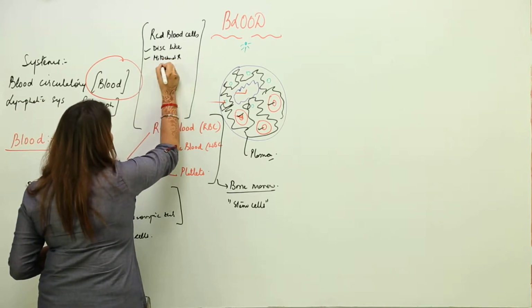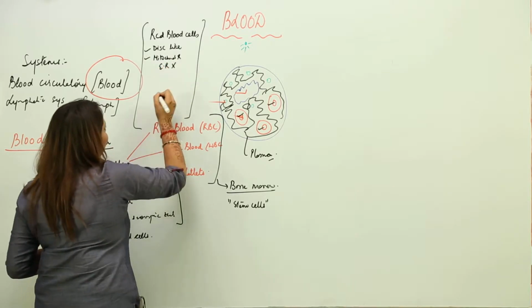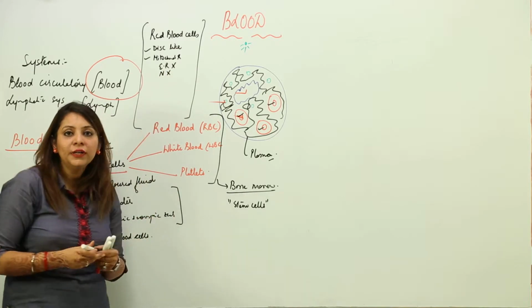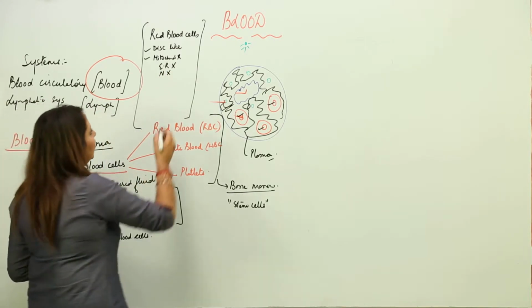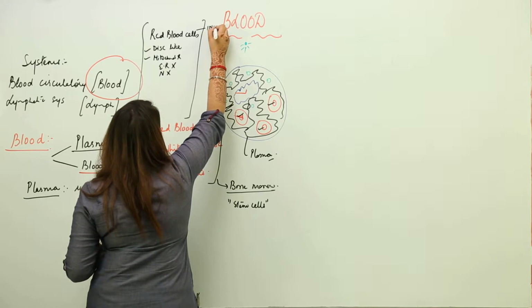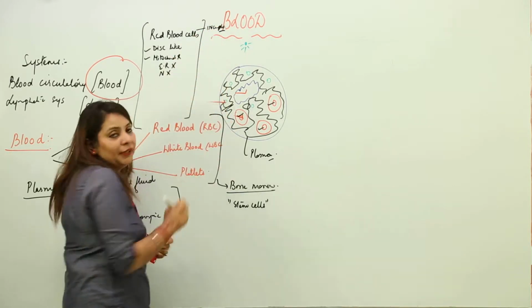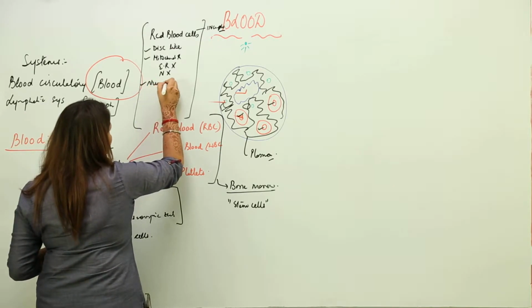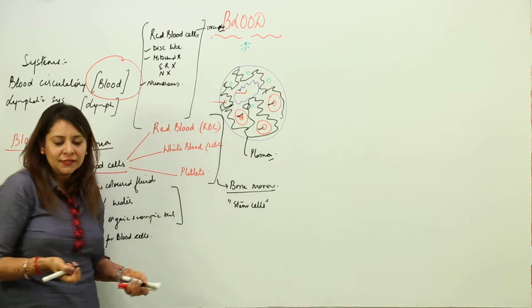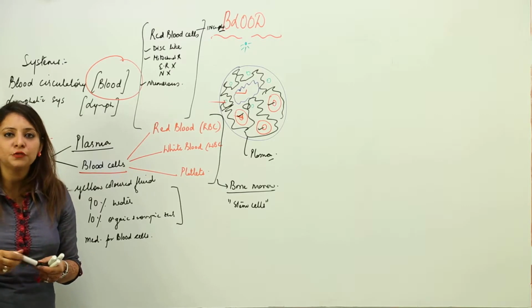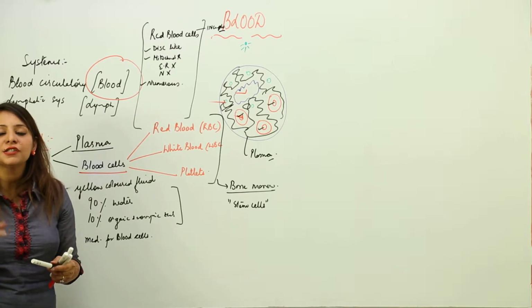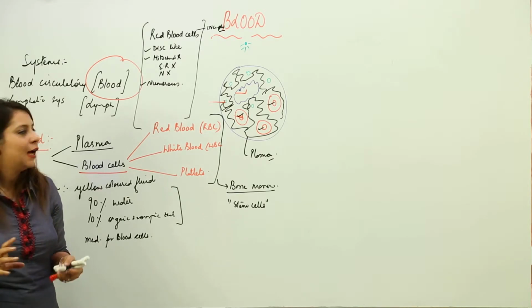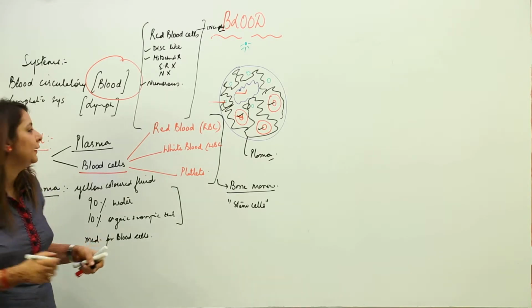They don't have endoplasmic reticulum, which forms a framework, and moreover they don't have a nucleus. So it is actually an incomplete cell. But we have seen that RBCs are numerous. That is why the color of blood is red. We all know that blood appears red, and that red color is due to red blood cells. Out of these three, the numerous cells are the RBCs.